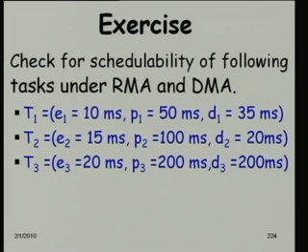So, let us just check this set of tasks. Let us say for task 1 the execution time is 10 millisecond, the period is 50 millisecond and the deadline is 35. E2 is 15 execution time, period is 100 millisecond and deadline is 20 millisecond, and for E3 the period and the deadline are the same.